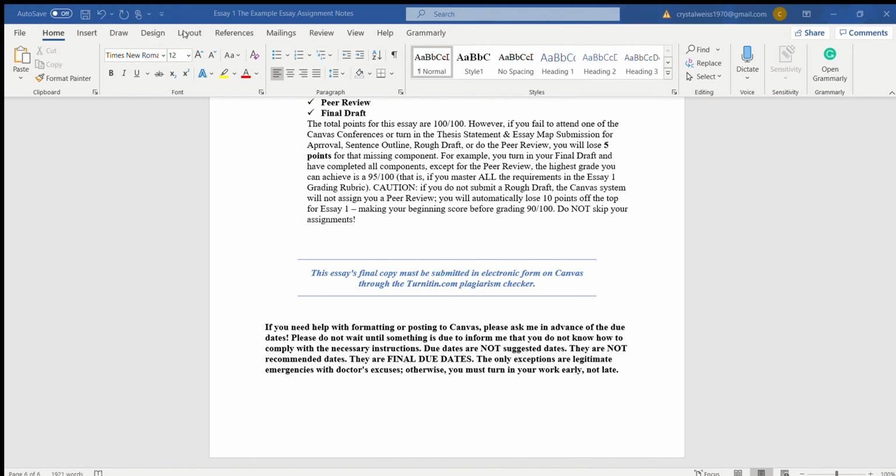Now you're going to go to layout. See this margins? You're going to hit this little tab here. See that 1 inch? You want to make sure it's on 1 inch margins, 1 inch all the way around this paper. Okay. You want to make sure that's done.